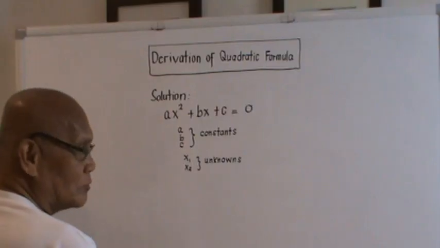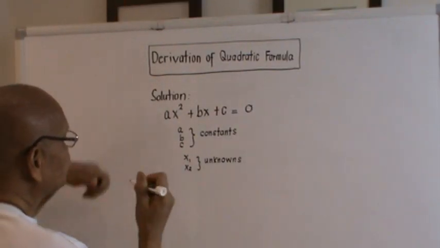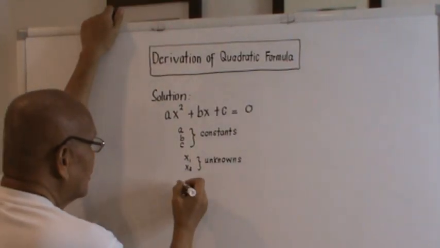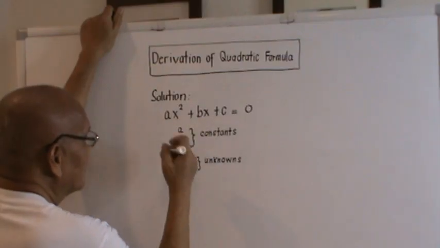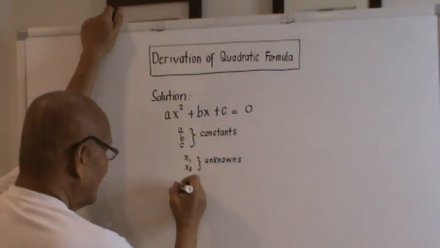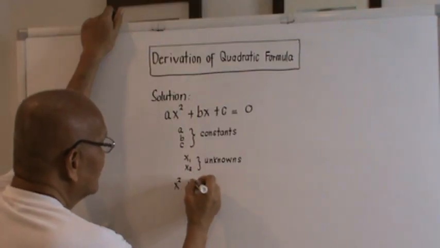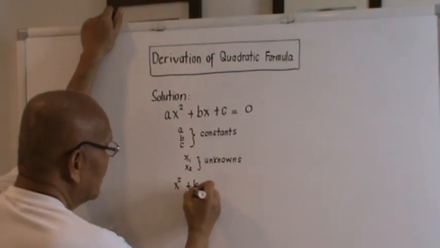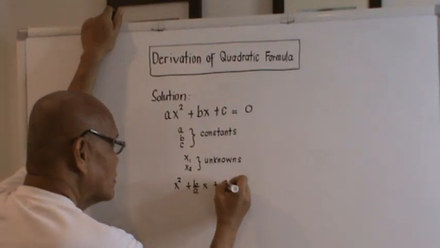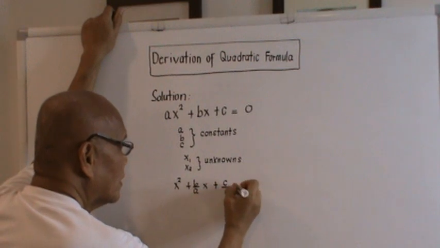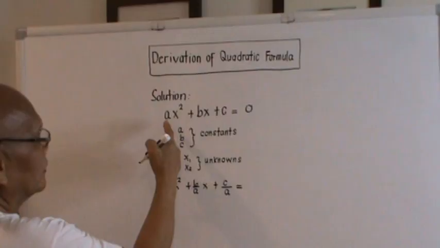Okay, let's try to derive the formula for the so-called quadratic equation. We'll divide all the terms by a here. So it will become x squared plus b over a x plus c over a, and this should be equal to the given quadratic equation.